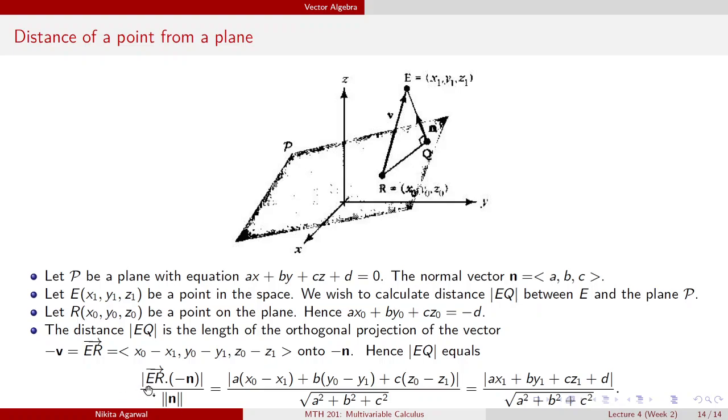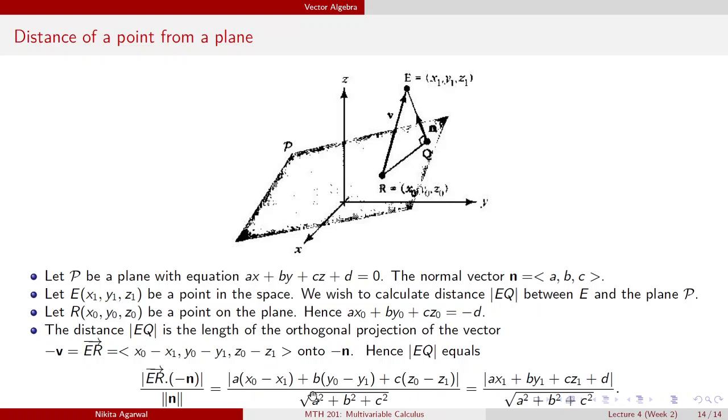But what is ER dot minus n? ER is this and n is this, so you can compute this quantity. What is the norm of n? The norm of n is the square root of a square plus b square plus c square. If you open the bracket on the top, you get ax naught minus ax1 plus by naught minus by1 plus cz naught minus cz1.